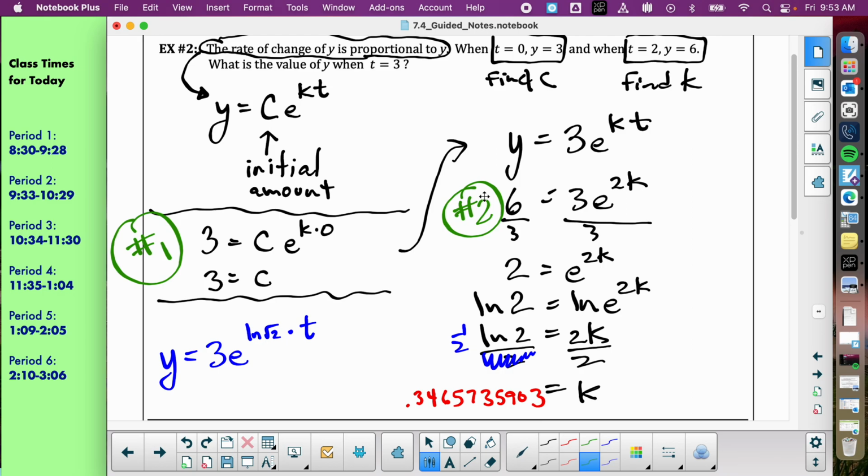C and K are always going to be the same constant once you find them. So they're not going to change. You mean once you figure out what C is? Yeah, it won't ever change once you figure it out because the numbers that you're given are the numbers that determine those constants. Kind of.